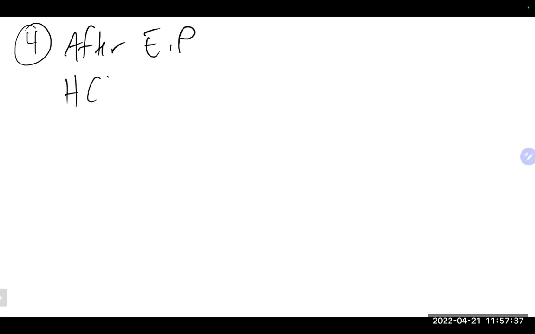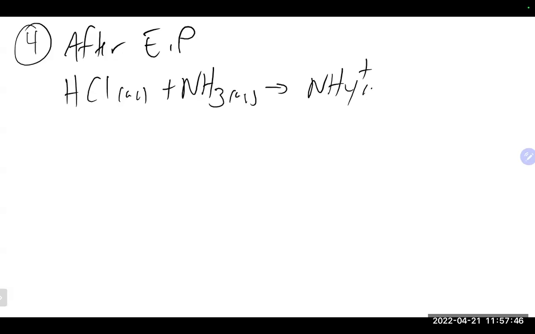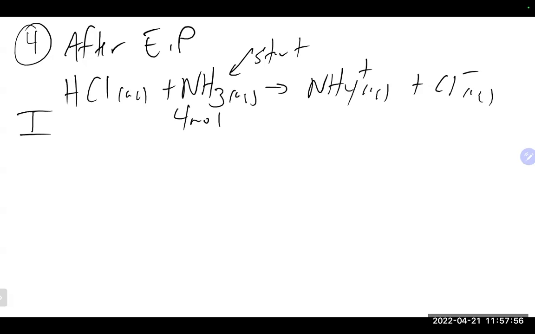So what we end up with here at that fourth part of the titration curve is after the equivalence point. And again, we will still have our reaction here. And once again, using some made up numbers here, starting with our 4 moles of the NH3.